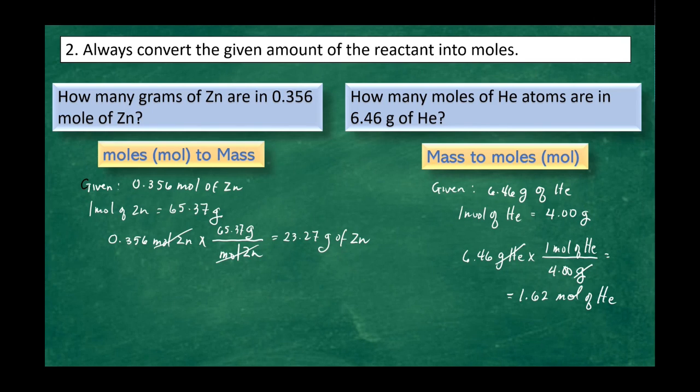Or does it always need to be 2 decimal points? Okay. It is a practice in college because professors always use 2 decimal places. So here in our activity or in this lesson, we need to use 2 decimal places already. So 23.27 grams. So 2 decimal places always.